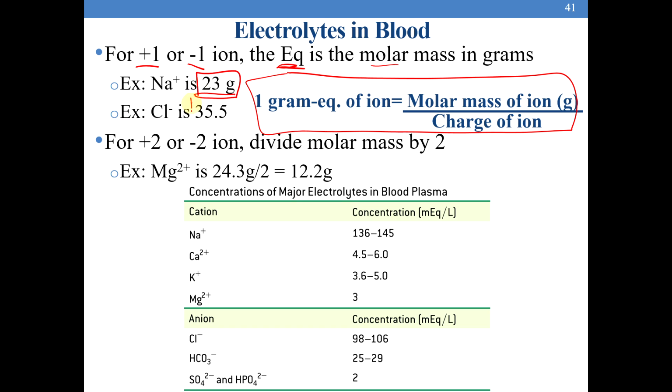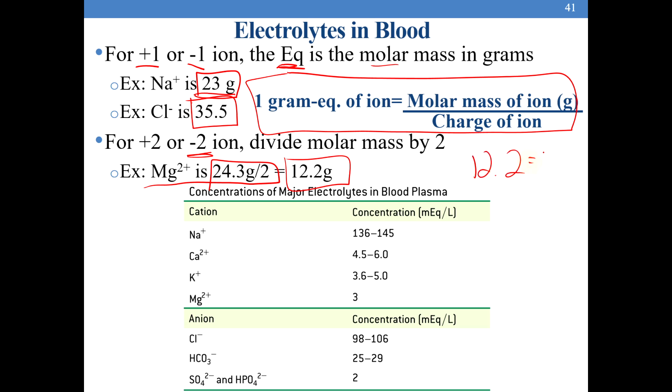For a chloride anion, it is 35.5, okay? If we have something like magnesium or calcium that's 2+, or if you have something that's -2, you divide by 2 here. So 24.3 grams is what you'd see on the periodic table next to magnesium, but you would have to divide by 2. So the equivalent for magnesium would actually be 12.2, okay?